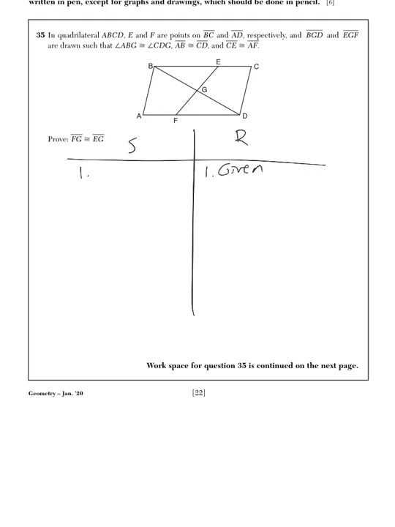So I start off, I have ABG is congruent to CDG. So that means that these are parallel. So I'm going to have that AB is parallel to CD. And that is because I have alternate interior angles congruent. Therefore, I have established that I have parallel lines.